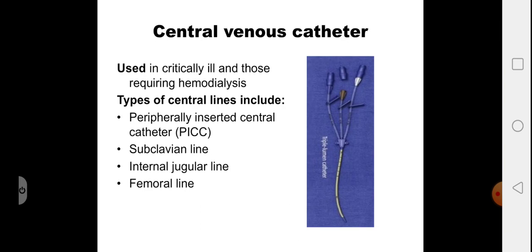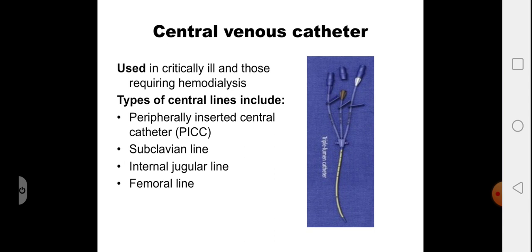So central venous catheters are used in critically ill patients who require longer term administration of IV fluids, medications, or continuous central venous pressure monitoring, oxygen saturation monitoring, and it's also required for patients on hemodialysis or to administer chemotherapy in cancer patients.